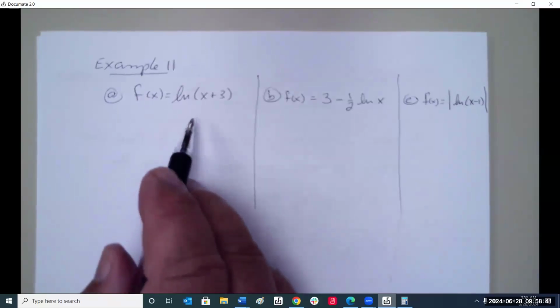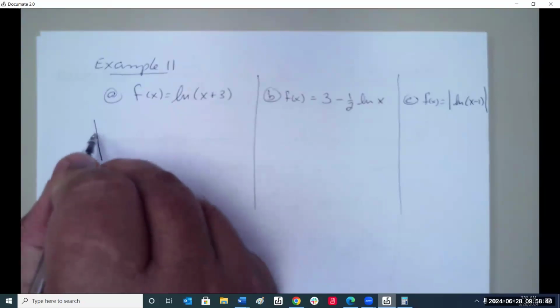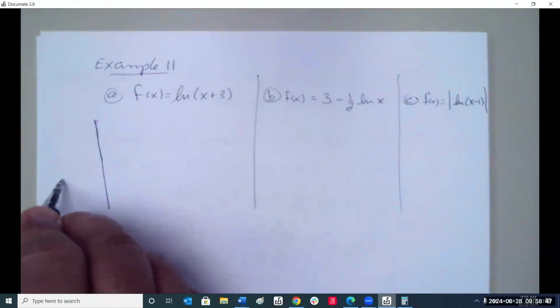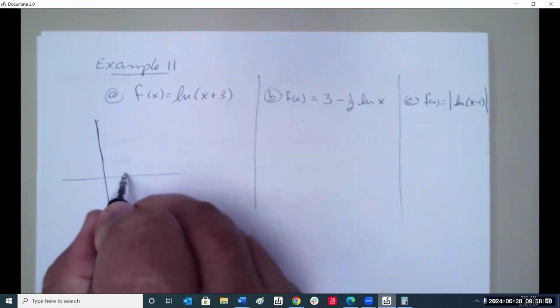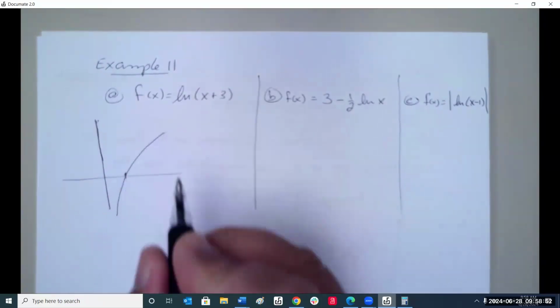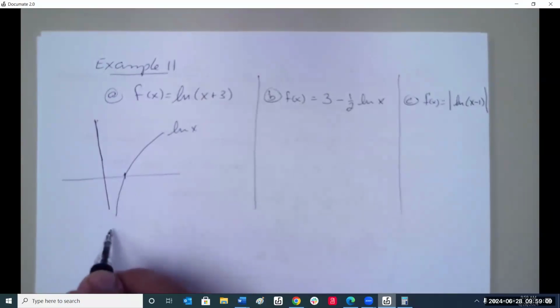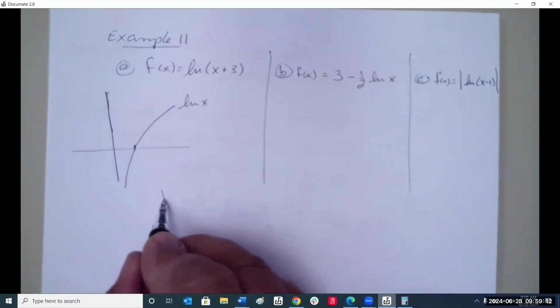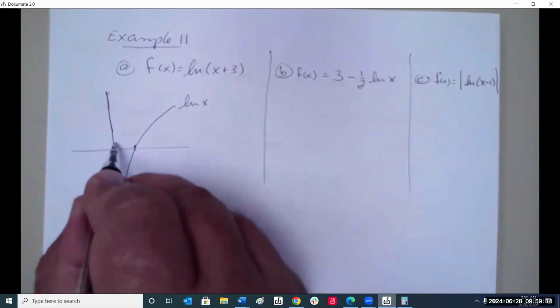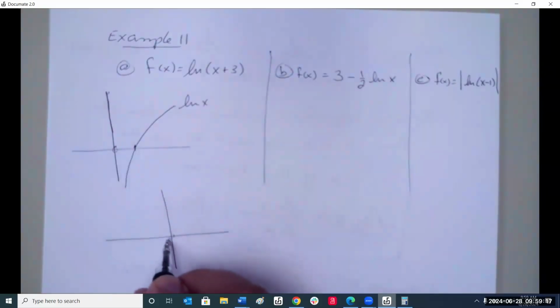What does this one look like? Because we know the original graph crosses there. It looks like this. That's ln x. What's going to happen to this one? Very good. Exactly. So what this is going to shift to is this. So my origin shifts 3 to the left.